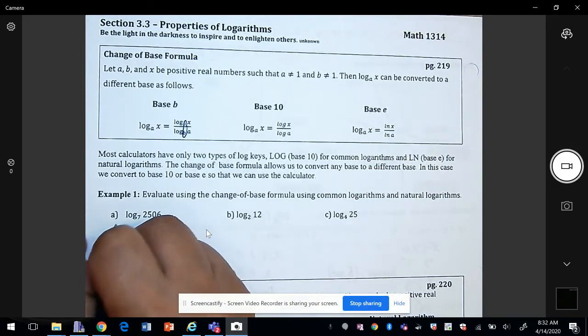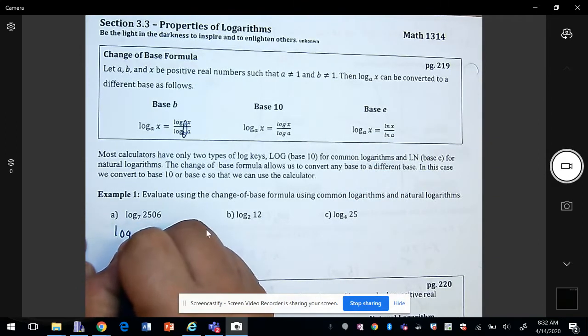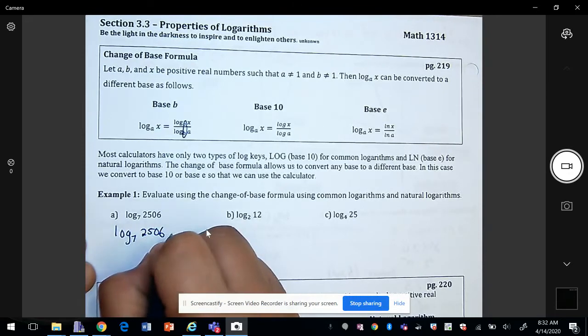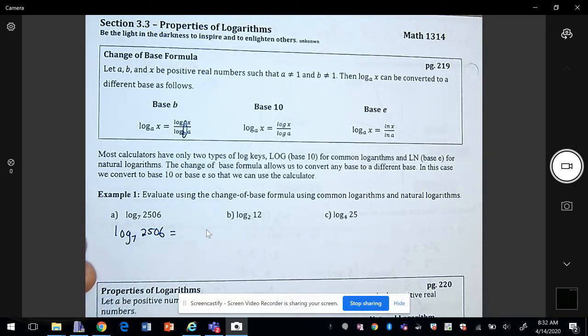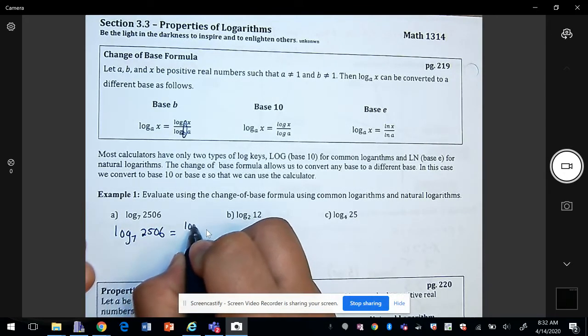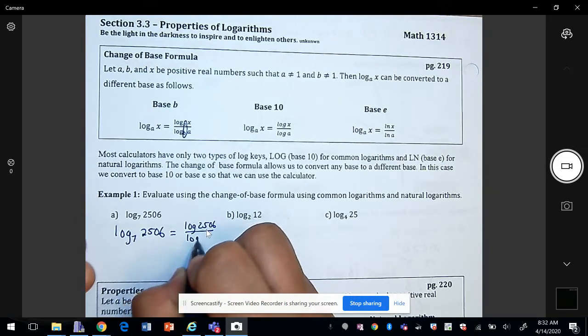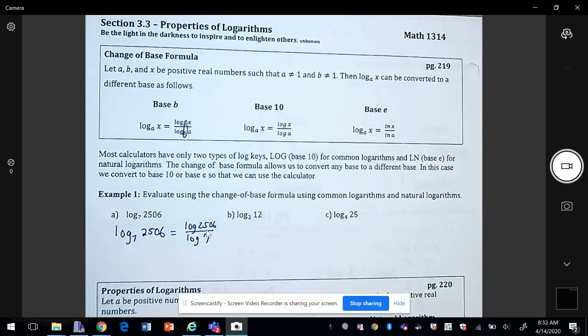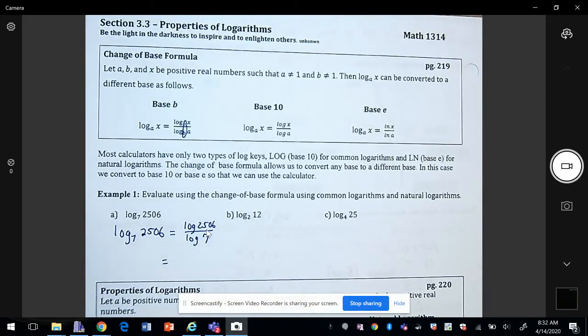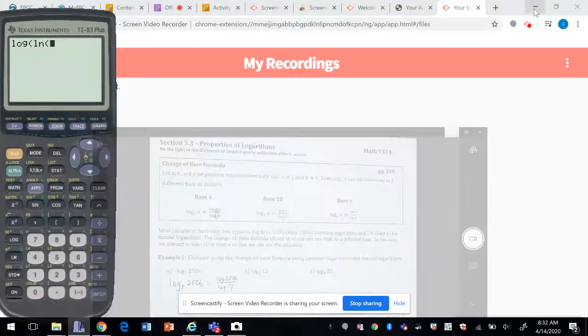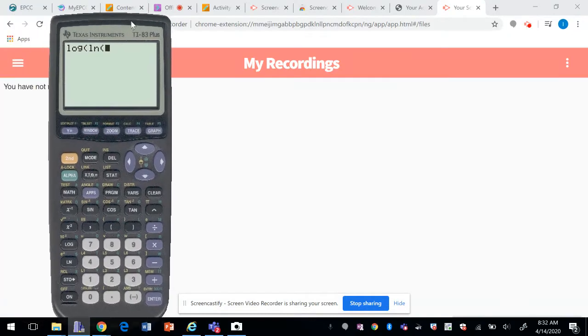So for example, if we have log base 7 of 2506, we can use the change of base and rewrite this as log 2506 divided by log 7. And so now we can use our calculator to enter our information.